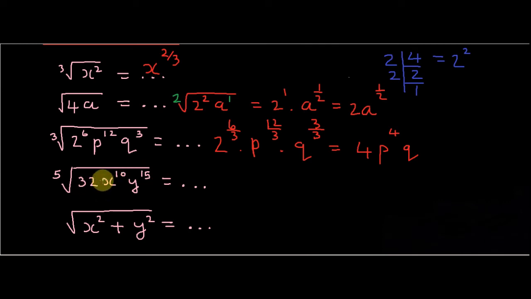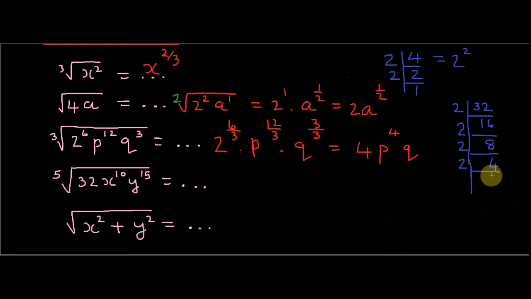Here we're first going to write the 32 as prime factors. The smallest number into 32 is 2, and it goes 16. Into 16, 2, and that goes 8 times. Into 8, 2, and that goes 4 times. We carry on until we get 1.